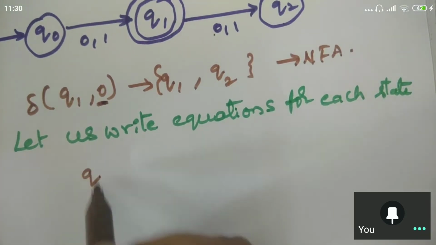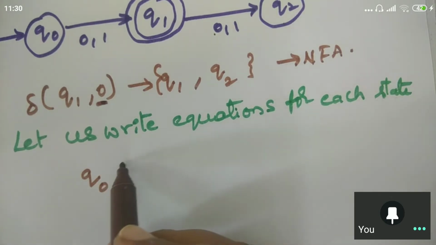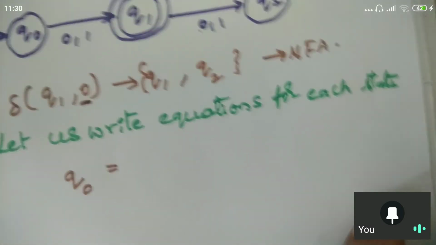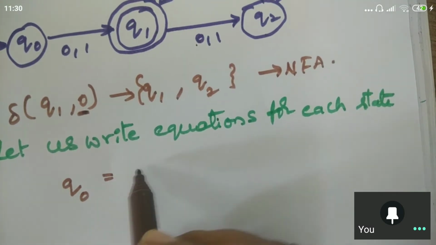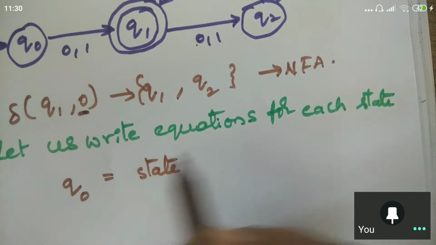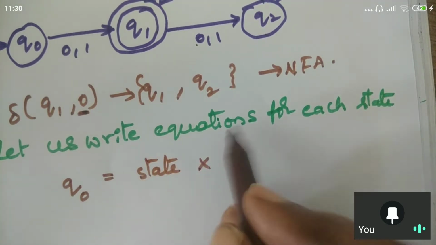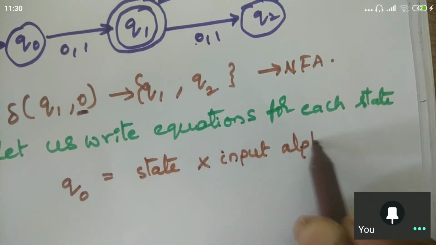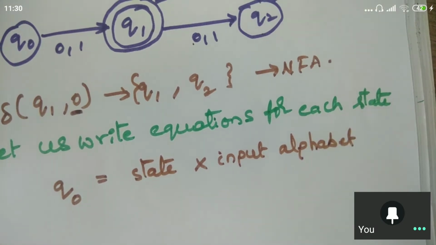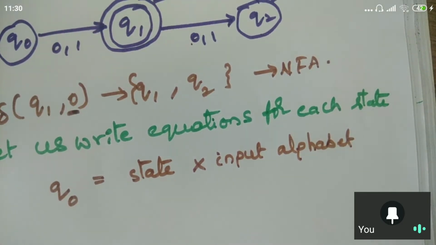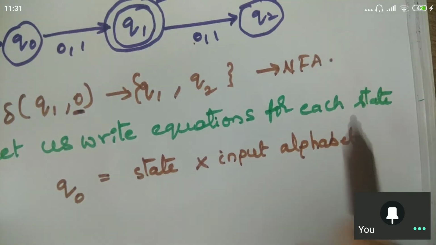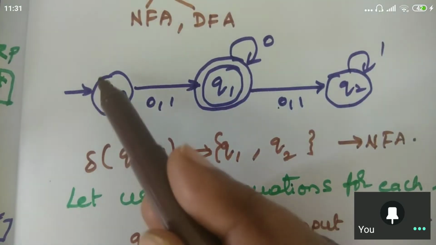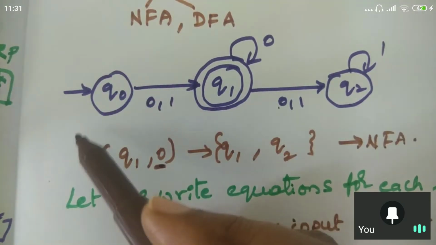Okay, so Q naught. So how we will be writing a particular state is, you have to write the state multiplied with the input alphabet. So here Q naught doesn't have any input alphabet or any incoming paths.